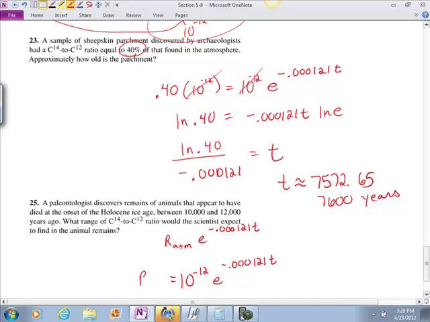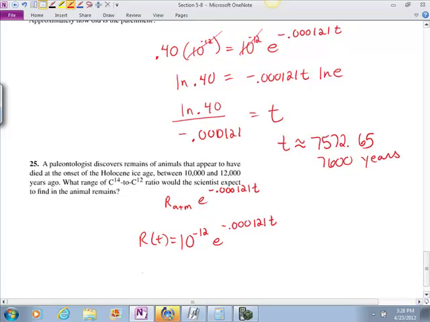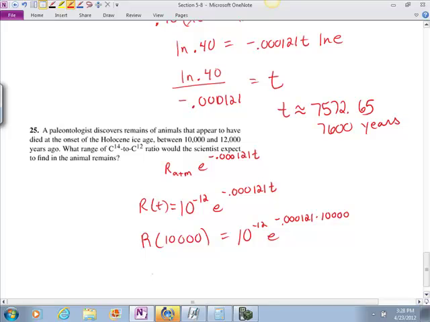So that's R of t at a given time. So all you have to do is just calculate R of 10,000, which you'll just type into your calculator, and then that would be at one value, and then also R of 12,000, because it's between 10,000 and 12,000 years. So you'll just plug these numbers in.